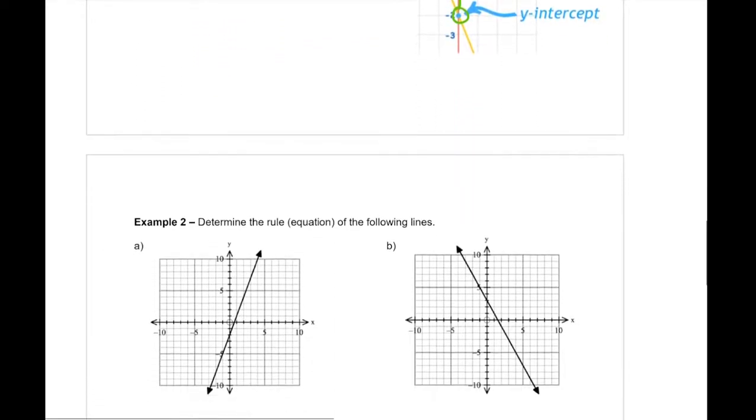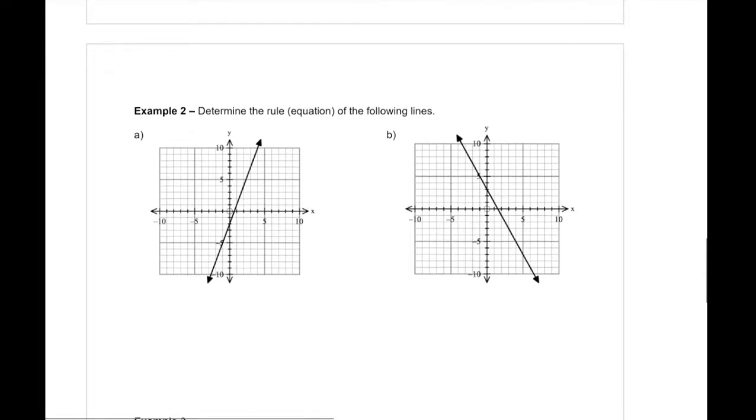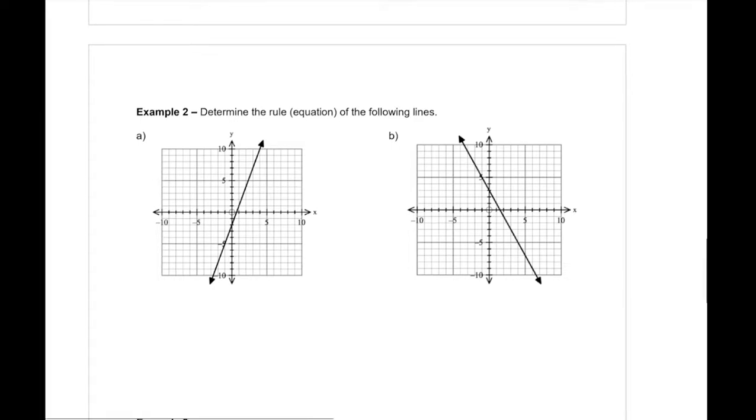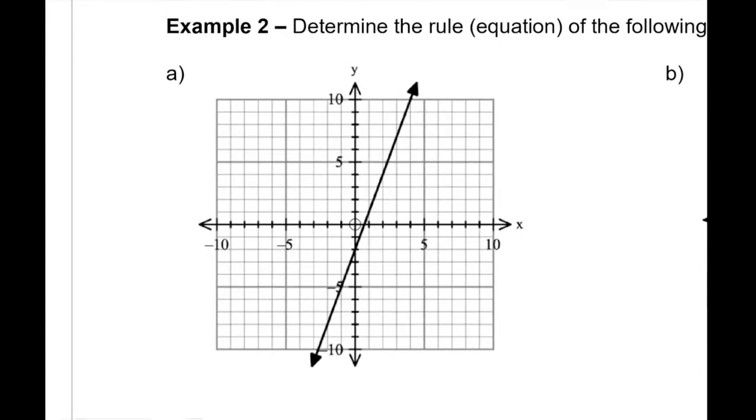So let's look at some examples. We have 2 examples here. We want to find the rule or the equation for each line. If I look at A, the first thing I want to do, the easiest thing, is find the y-intercept. The reason I say it's the easiest is because all I have to do is look at my y-axis here, and go straight down until I hit my line, and I can see where the line crosses.